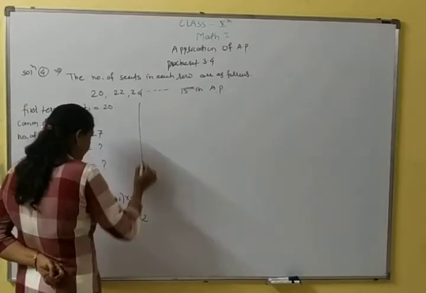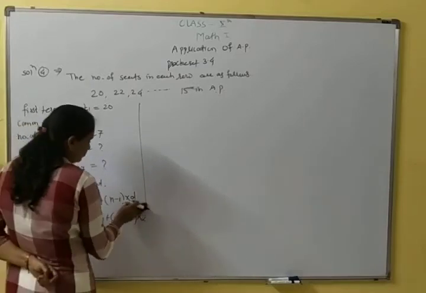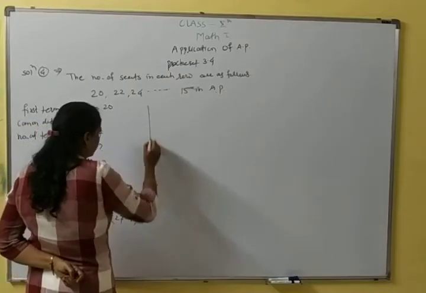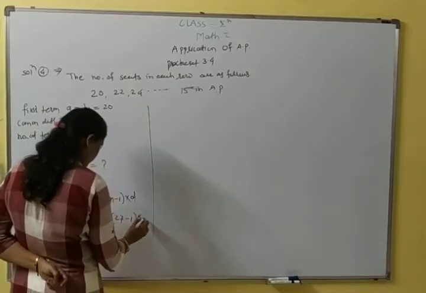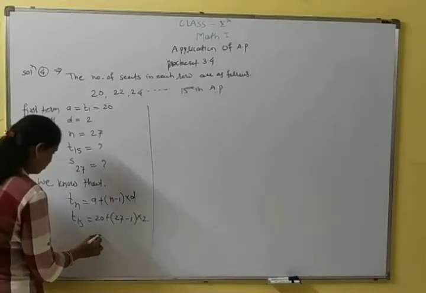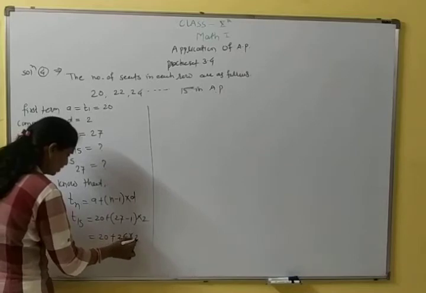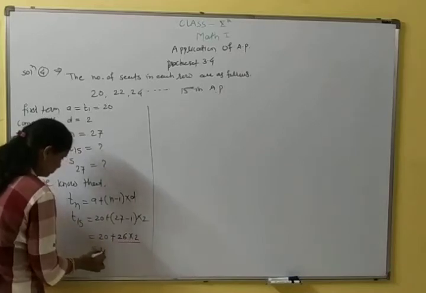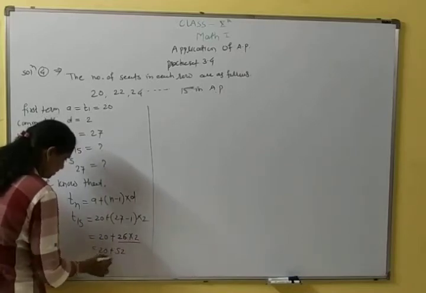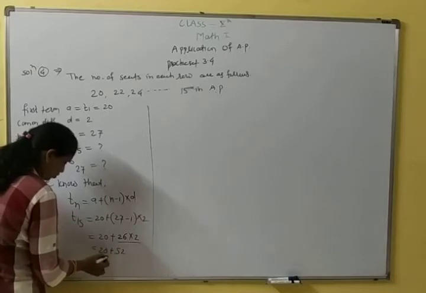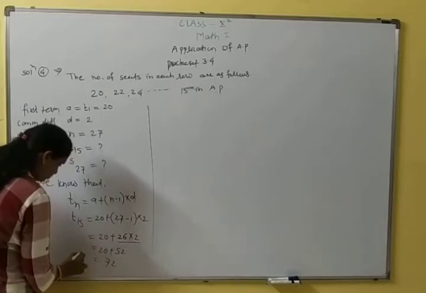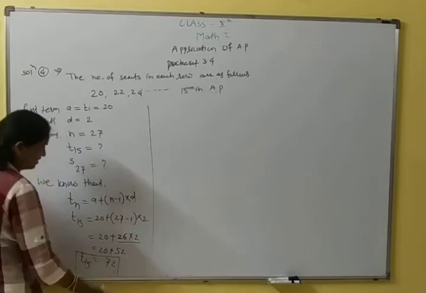Solve this. Equal to 20 plus 14 into 2, 20 plus 28, and 28 plus 20, 48. So number of seats in 15th row is 48.